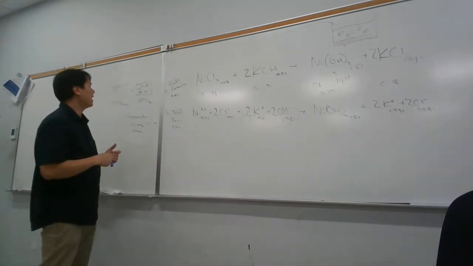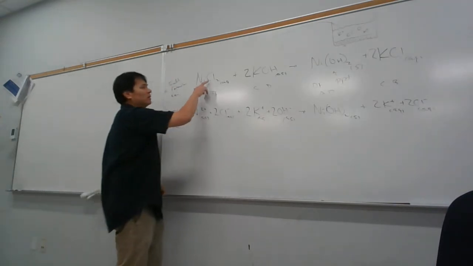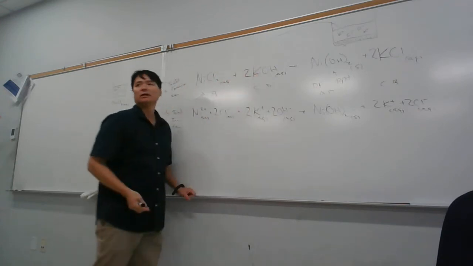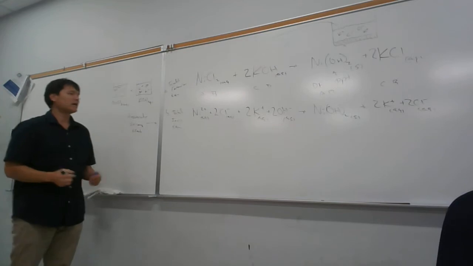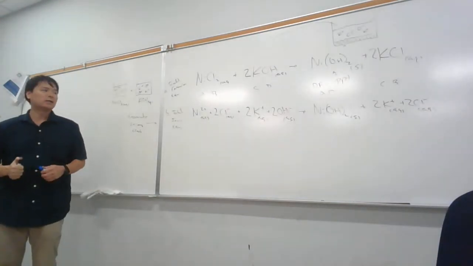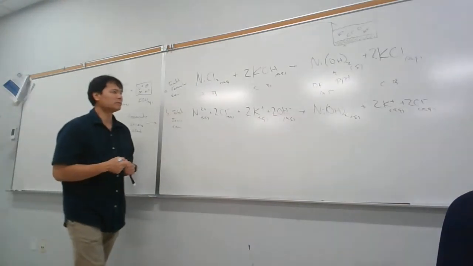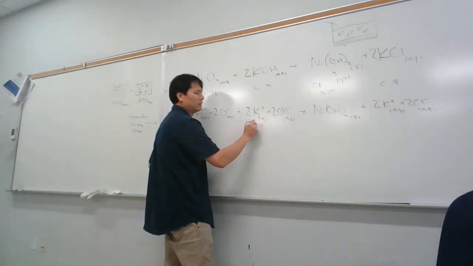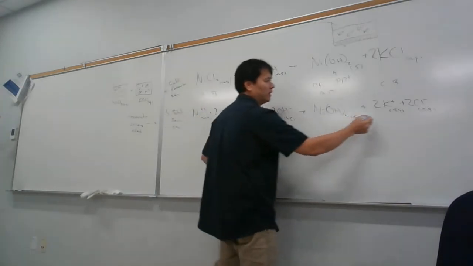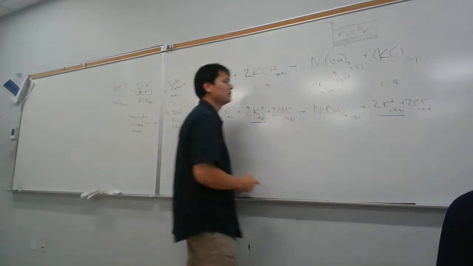And so what happened was we switched it. Nickel and hydroxide like each other. How about potassium and chloride? Did the potassium and chlorides come together? No, they didn't come together. And so what we call that is the potassium and chlorides didn't react. So the potassium started off here as potassium ions AQ, and we end up here as potassium ions AQ.